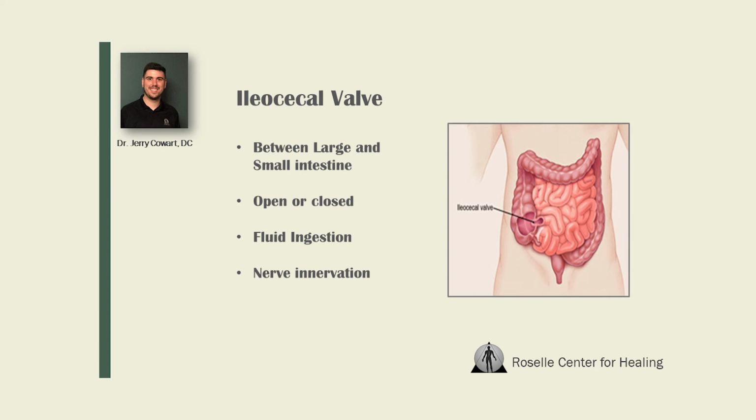So when those valves get stuck open or stuck closed, you can get what's called fluid ingestion. Basically, because you're not able to move and eliminate the fecal matter and the waste out as efficiently and as effectively as you're supposed to, your body will start retaining toxic fluid.